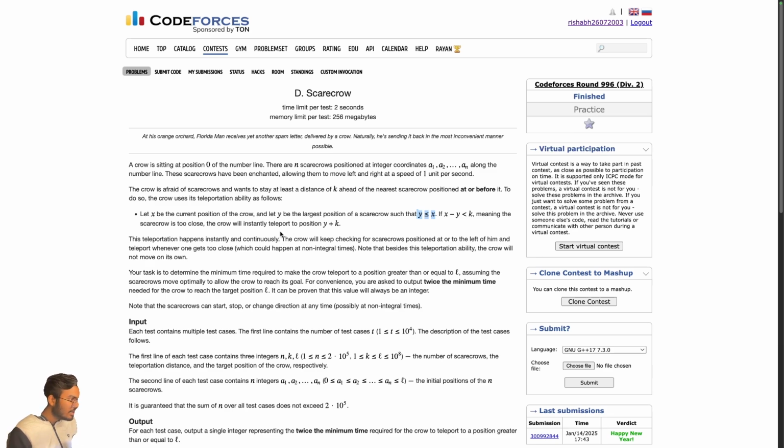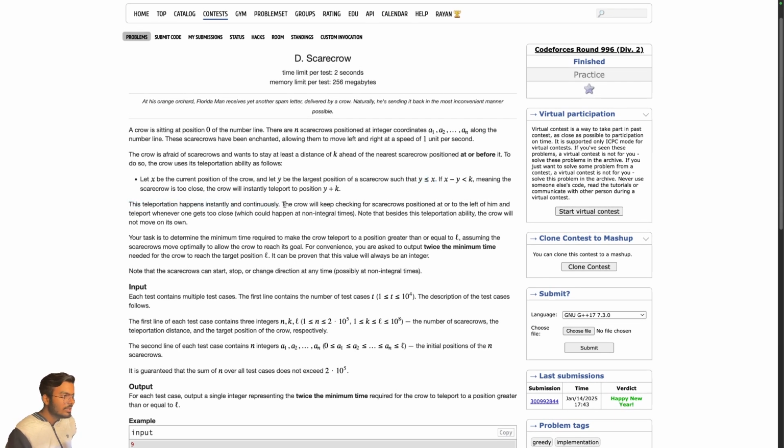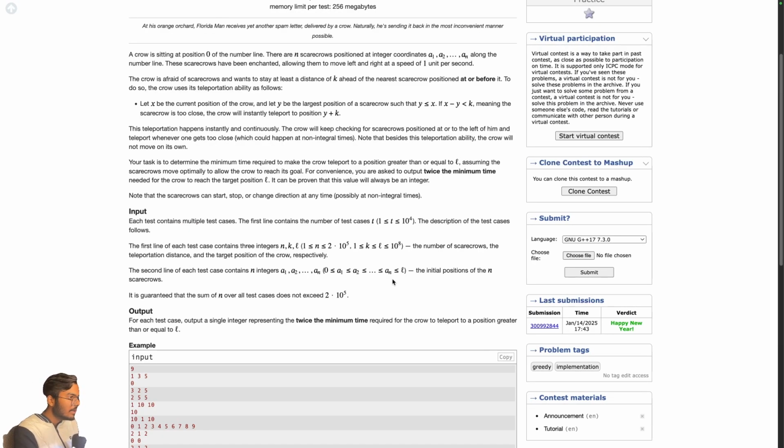Okay. This teleportation happens instantly and continuously. The crow will keep checking for scarecrows positioned at or left of it, and teleport whenever one gets too close. Your task is to determine the minimum time required for the crow to teleport to a position greater than or equal to L, assuming the scarecrows move optimally to allow the crow to reach its goal.